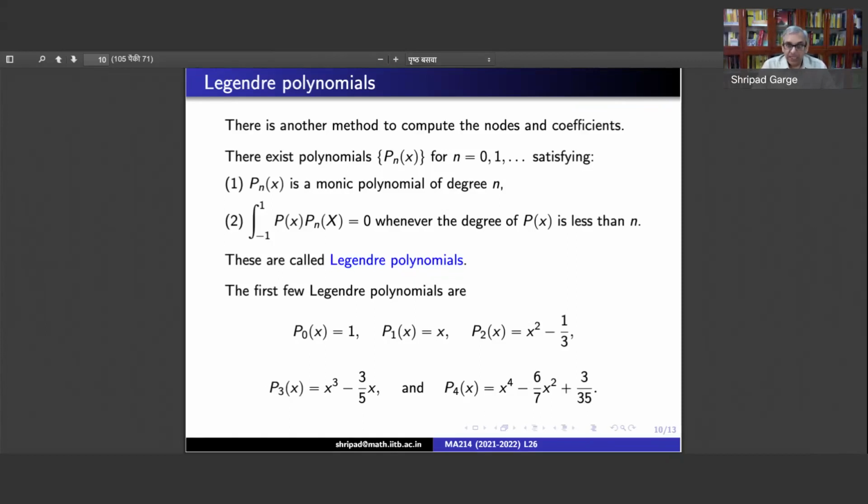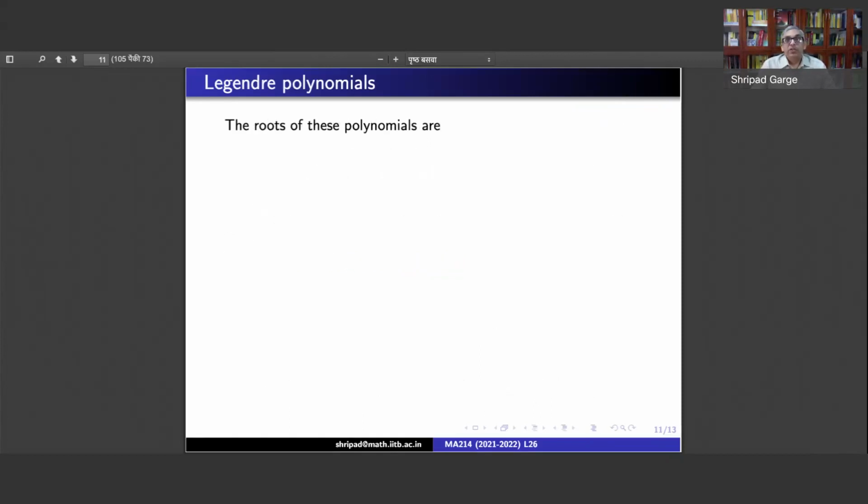The big deal about them is that the roots of these polynomials are very important. So the roots of these polynomials are, first of all, distinct. So if you are taking Pn, which is a polynomial of degree n, it will have n distinct roots.